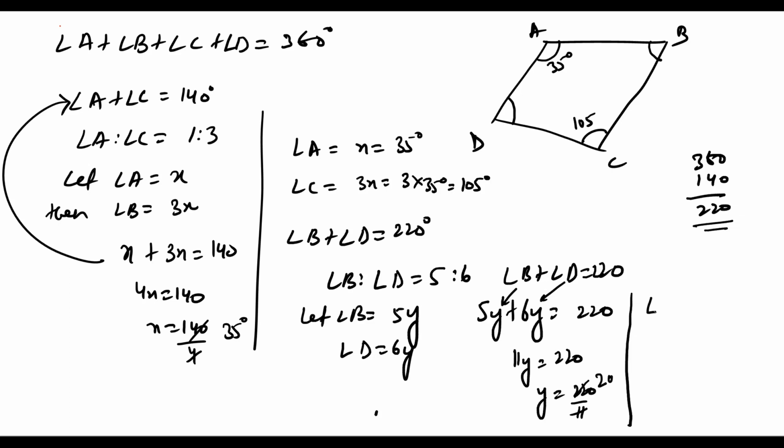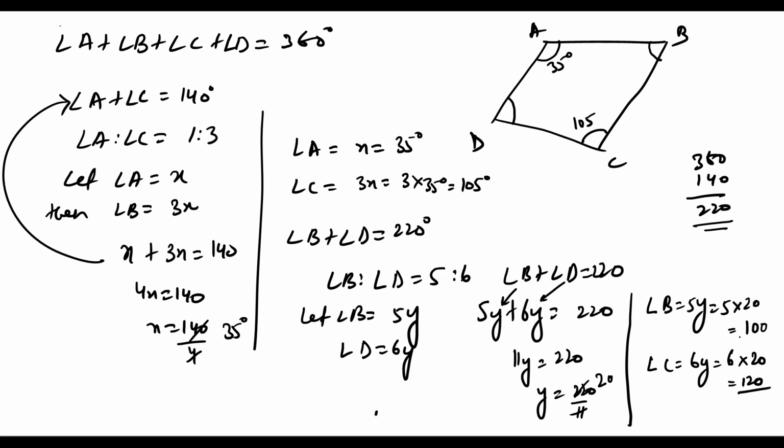Now you know that angle B is equal to 5y, which is 5 into 20, you will get 100 degrees. Got it? Yes, sir. And angle D is equal to 6y, which is 6 into 20, equal to 120 degrees.